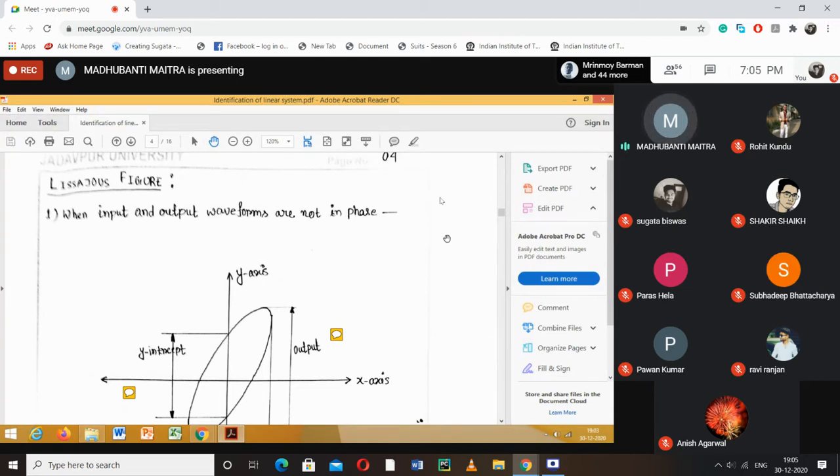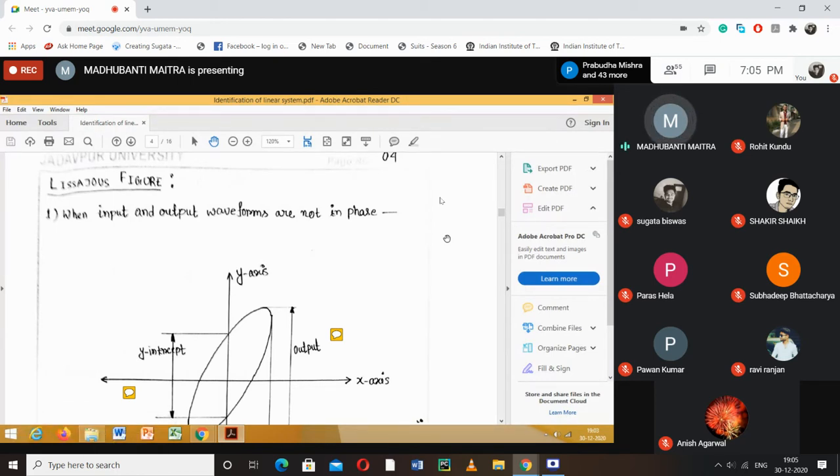So XY mode is a specialized 2-channel mode, and the signal of channel 1 is used along the horizontal axis, and the signal of channel 2 is used along the vertical axis.